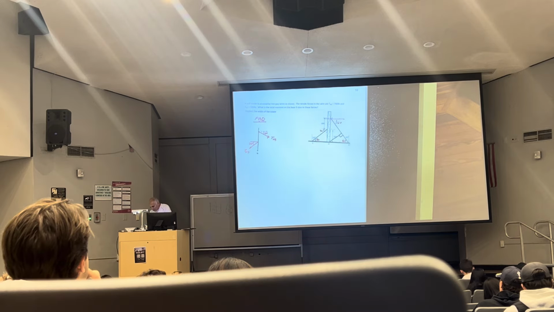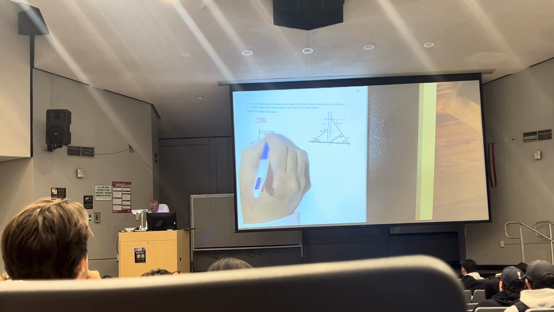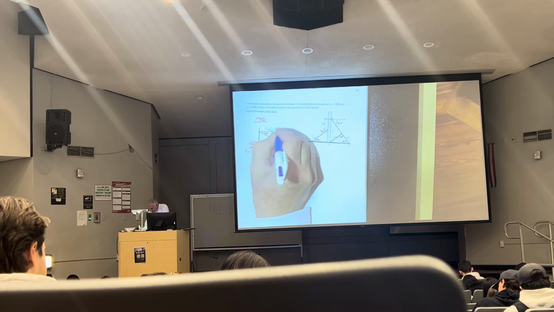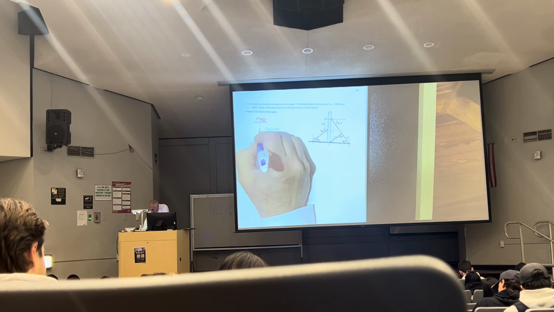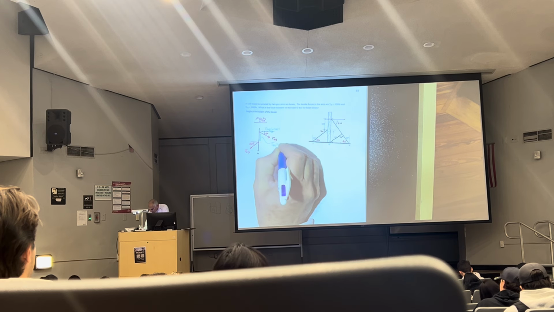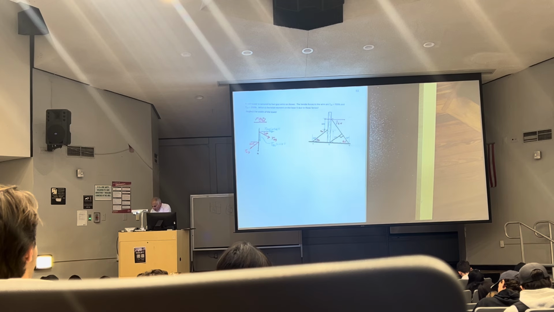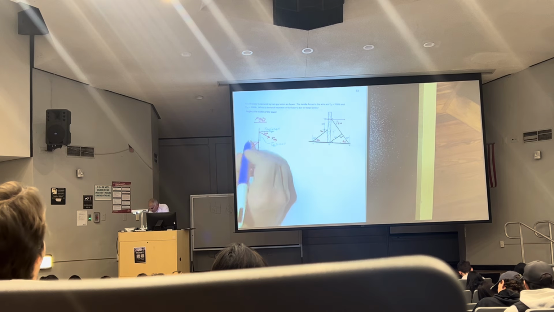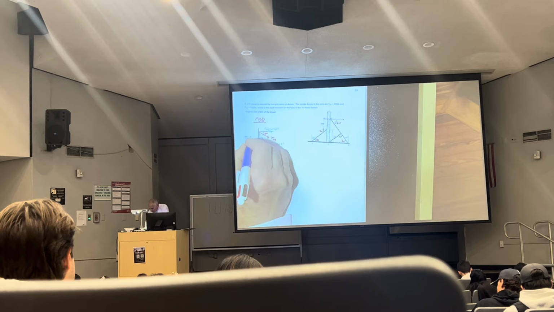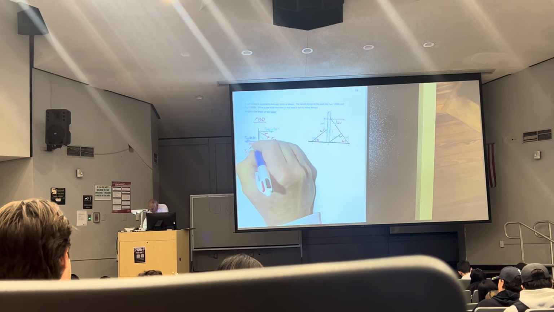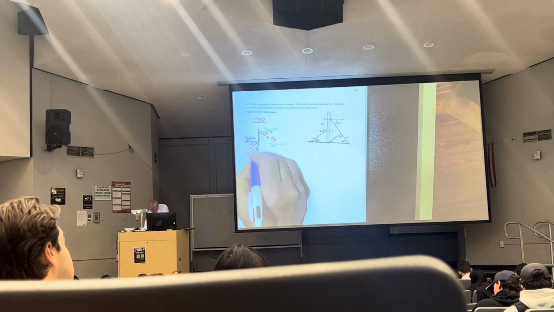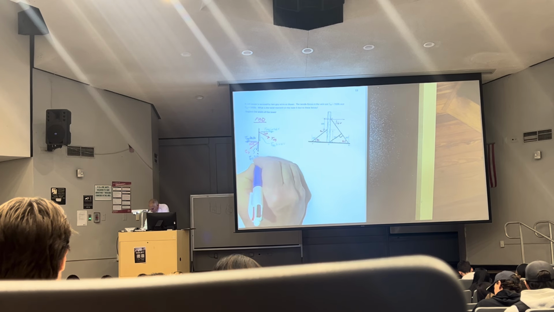I have a component here, which I'm going to say is TAB cosine 60, and a TAB sine 60. I'm going to have a force here, TCD cosine 70, and a force here, TCD sine 70.